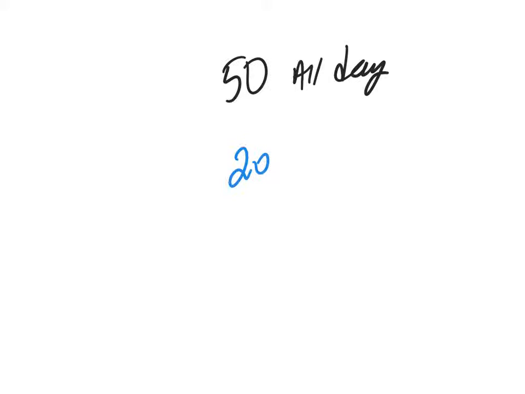There's one store that rents it for $50 all day. The other store, I'll change colors, charges only $20 up front. That means right when you rent it, you immediately owe them $20.